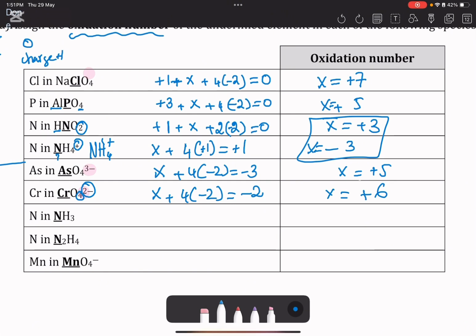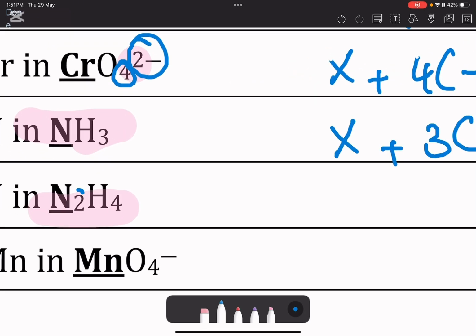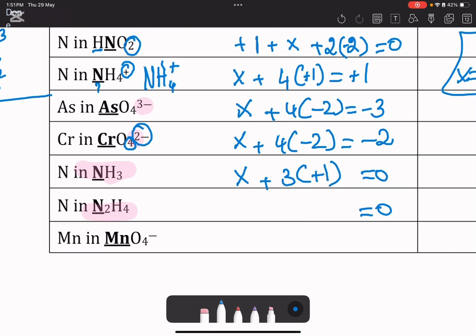Now again, these two examples are neutral, so I'm going to go back to writing equal to 0. So N is unknown, and H, I have 3 hydrogens, each one is positive 1, so N is negative 3. Now, be careful with this example. You have N2, so the unknown is multiplied by 2.